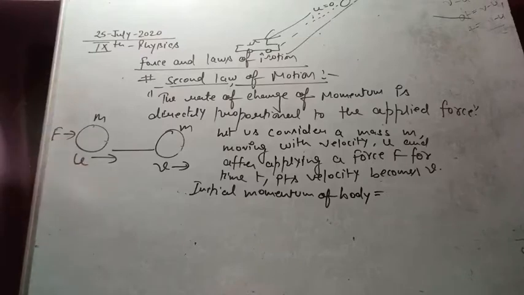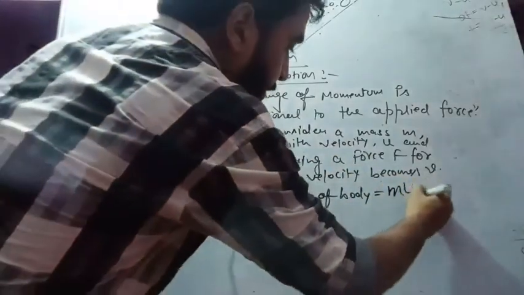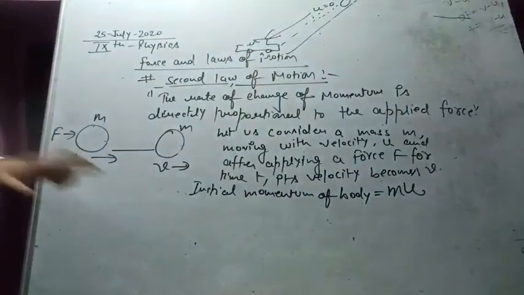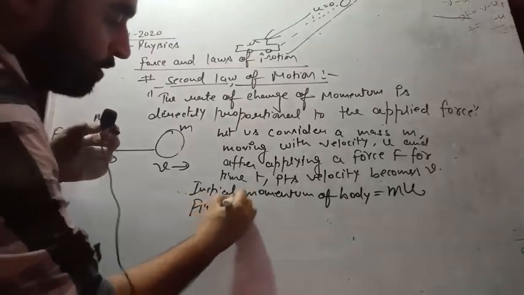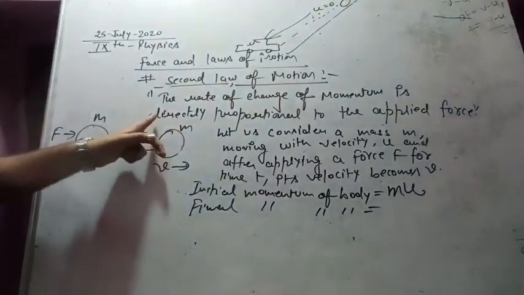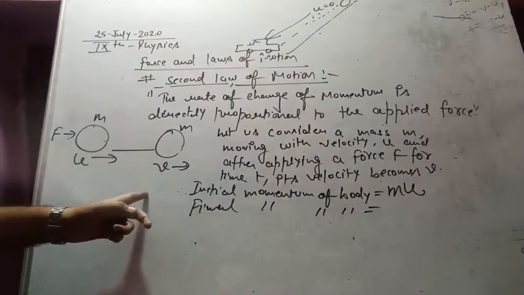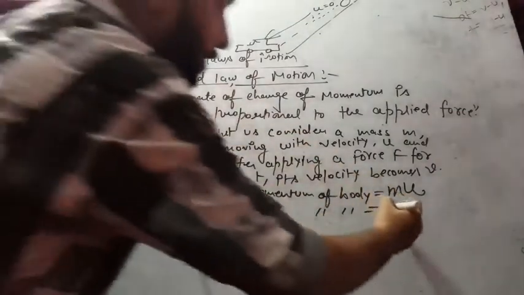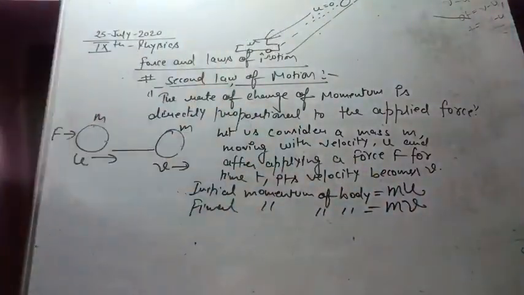So initial momentum of the object is m into u, mu. What is the final momentum of the body? Mass will remain the same and velocity is now v. So final momentum of the body is mass into velocity, mv.